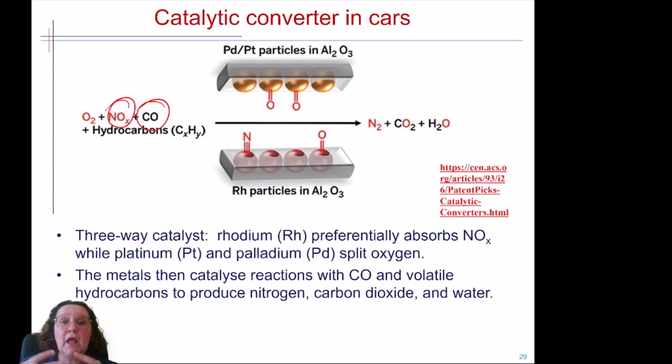So a catalytic converter is a place to help that conversion of the nitrogen oxides, which are a pollutant, into nitrogen, and the conversion of the carbon monoxide, which is a pollutant and a very toxic and dangerous chemical, into CO2, which is also a pollutant but it's inert.